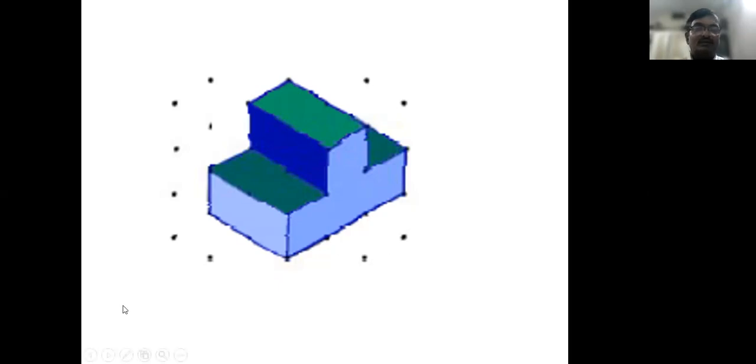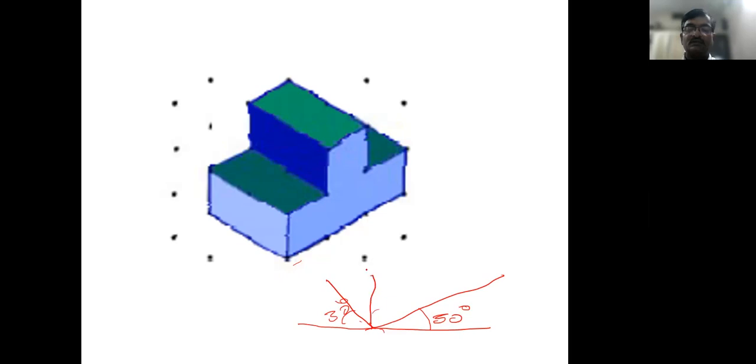Here on the screen, we observe one of the objects. This object is drawn at an angle of 30 degrees. Suppose this is a horizontal edge; both edges, one edge and another edge, of this base are drawn at an angle of 30 degrees, and all other edges are drawn parallel to this.